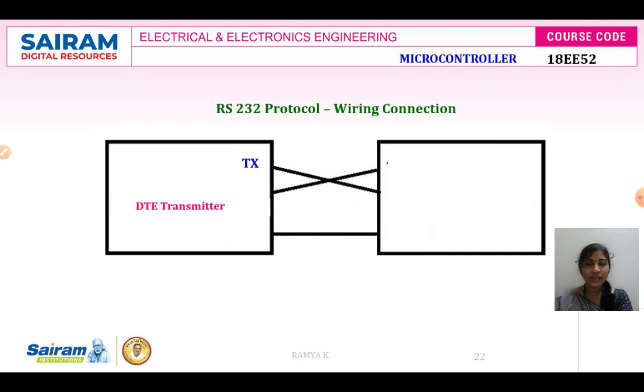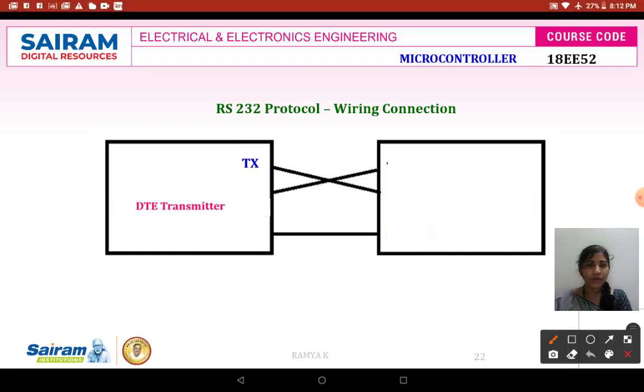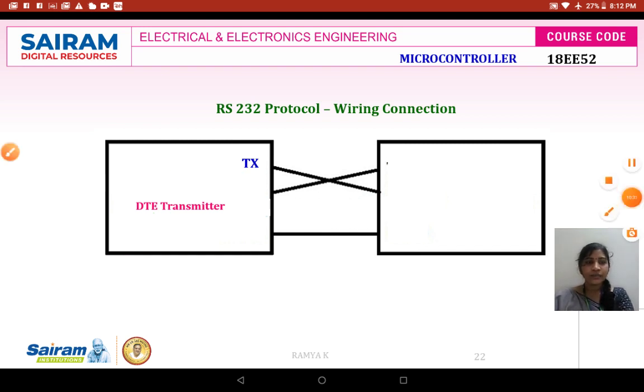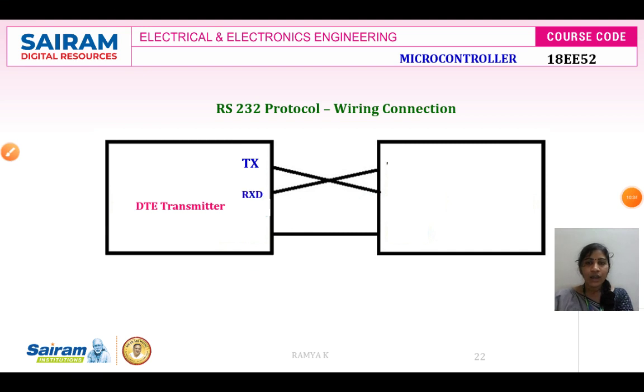In this data terminal equipment, whatever we have shown here, DTE stands for data terminal equipment, TxD is your transmitter, and RxD is your receiver. In the same way, in this block also you have a transmitter and a receiver, and this is the DCE, that is data communication equipment.